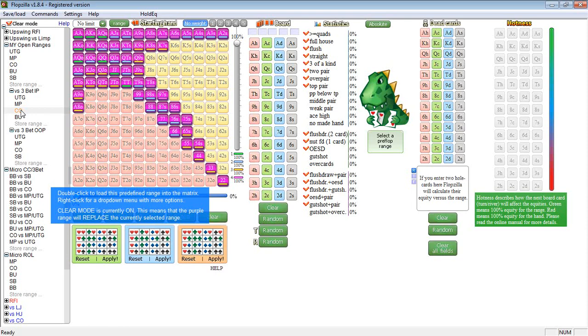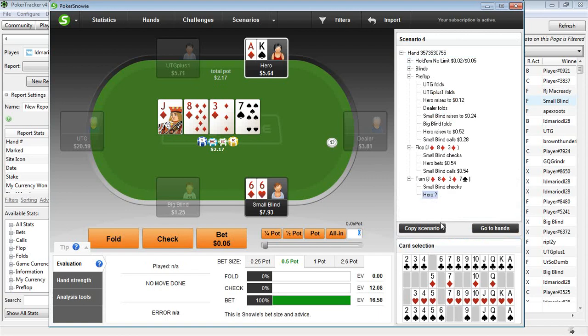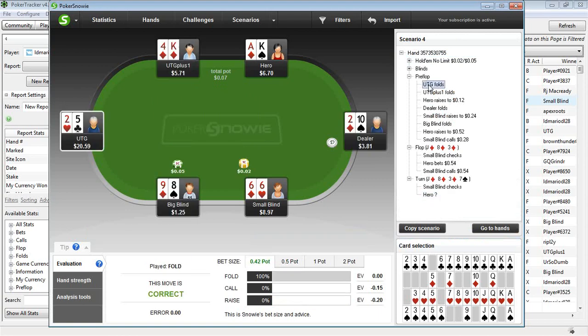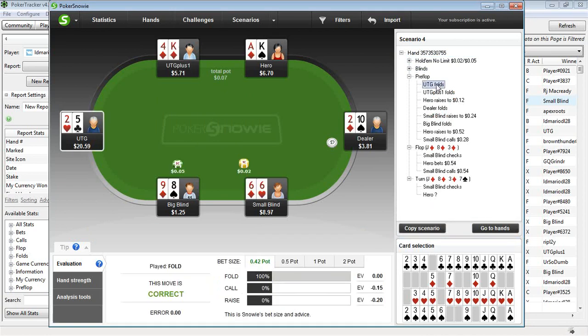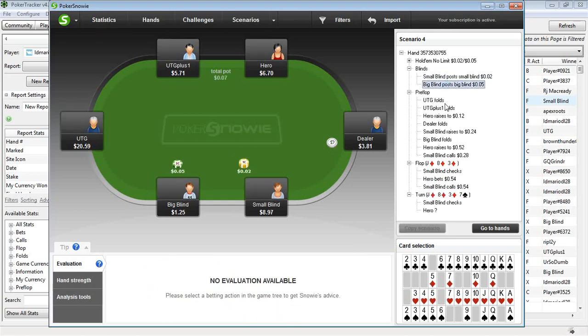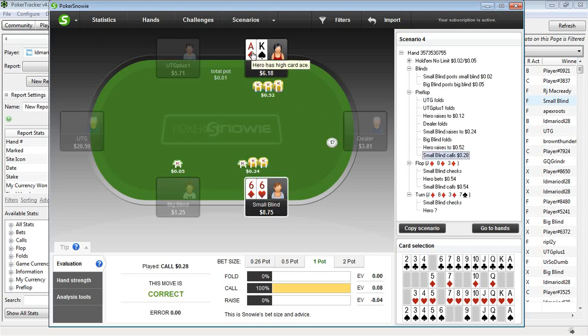10-10. I'm just curious. Let's say I have 10-10. I'm curious to see if I have 10-10 on this board with no diamond. Whoops, I screwed that up. I messed that up. I guess I can't.